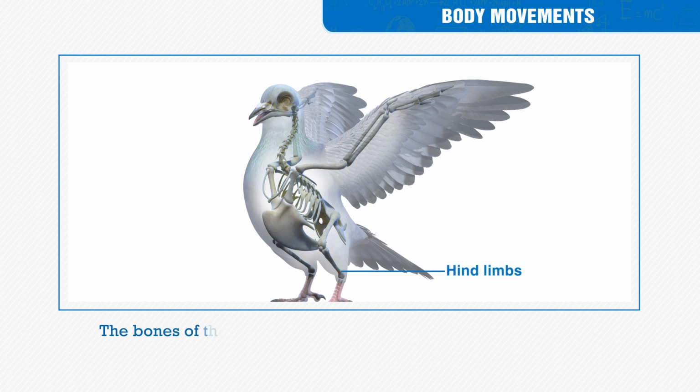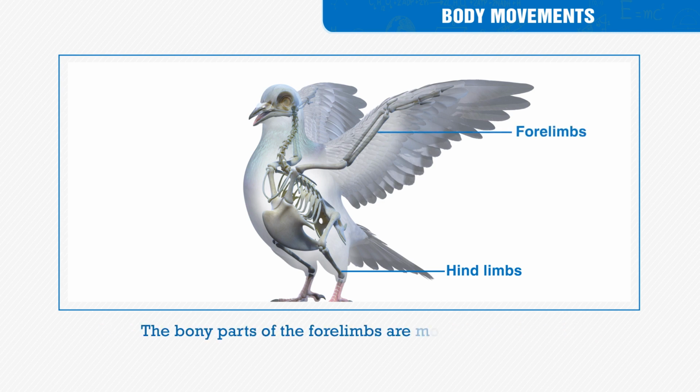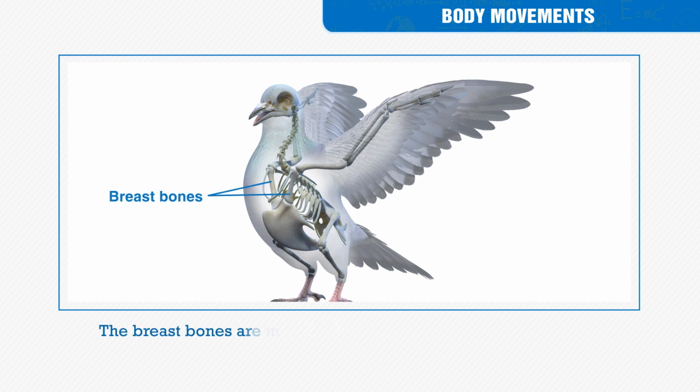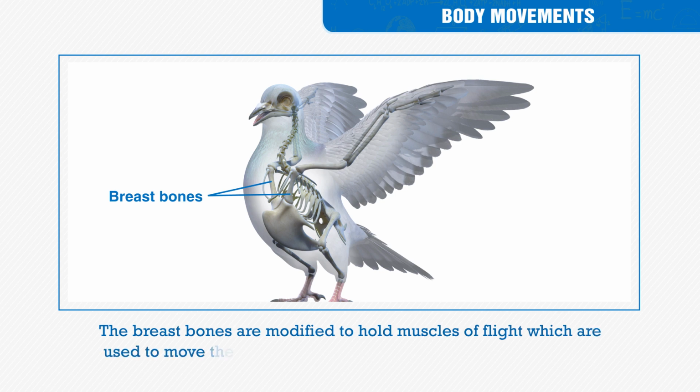The bones of the hind limbs are typically for walking and perching. The bony part of the forelimbs are modified as wings. The shoulder bones are strong. The breast bones are modified to hold muscles of flight which are used to move the wings up and down.